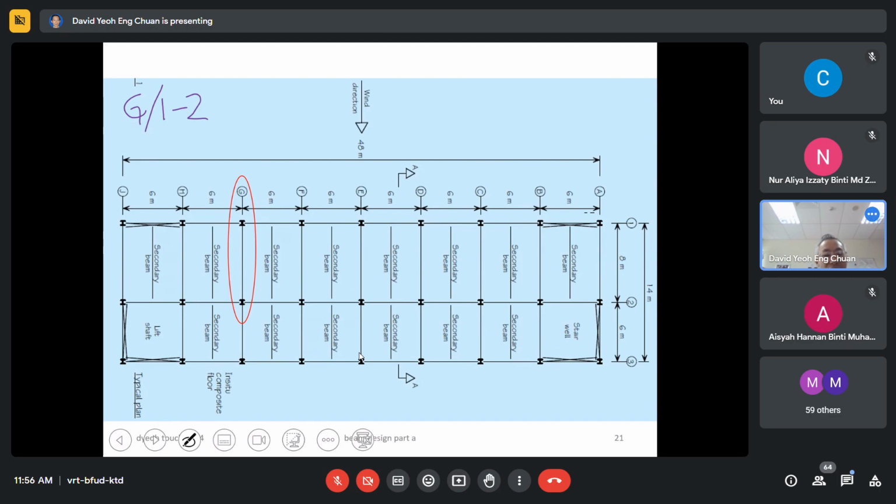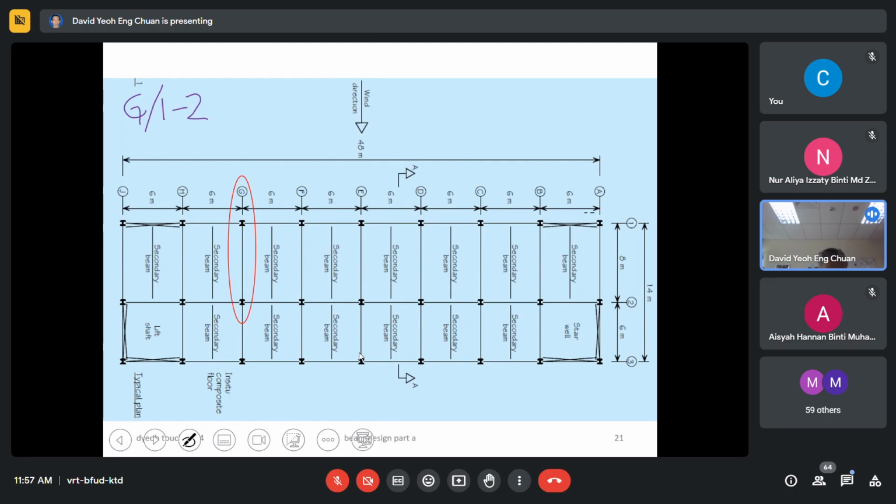Okay, now if you look here, now we're thinking of load distribution. You got a load distribution onto this G/1-2. What is the tributary width of this beam?